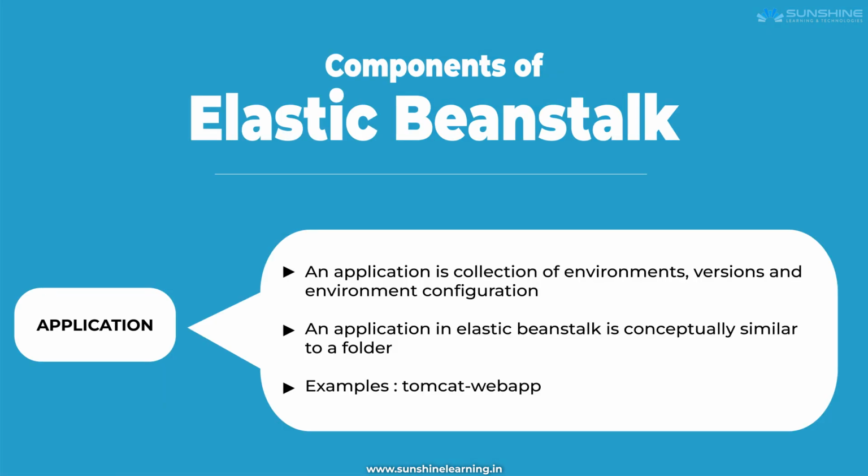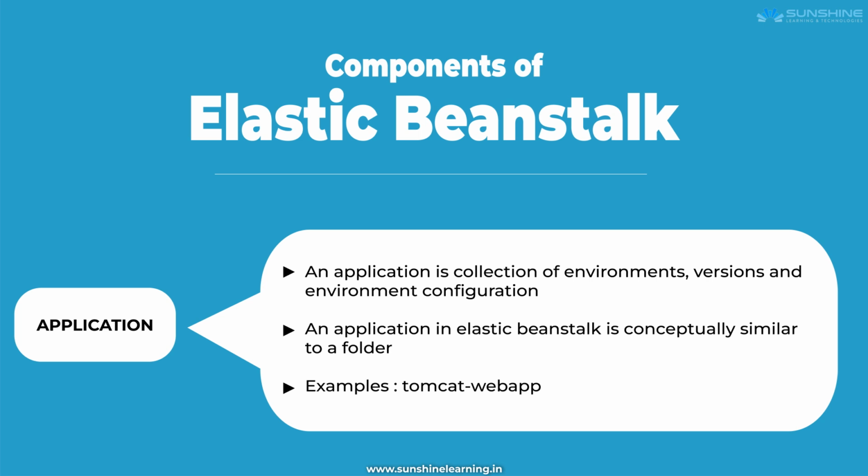Now when we work on Elastic Beanstalk, there are certain components that we need to look into. An application is a component of Elastic Beanstalk, which is a collection of environments, versions, and environment configurations. An application in Elastic Beanstalk is conceptually similar to a folder.